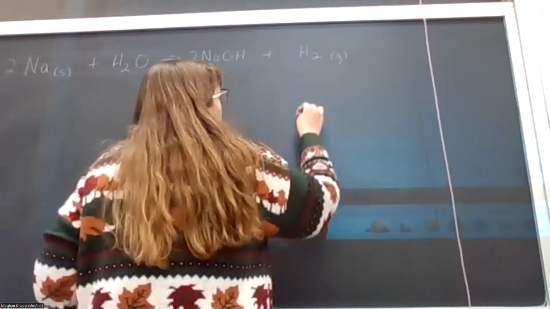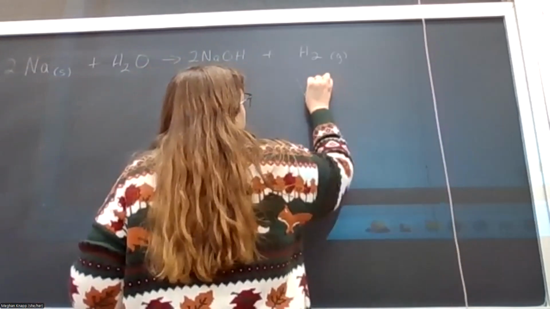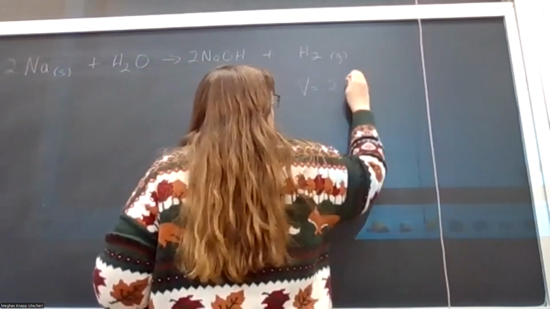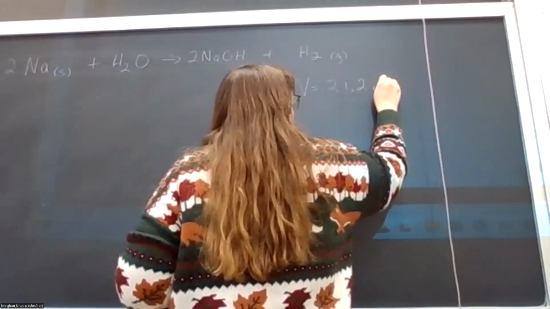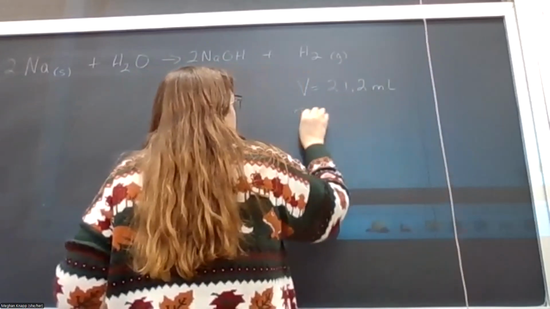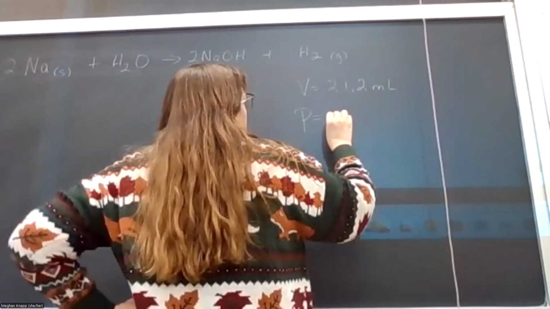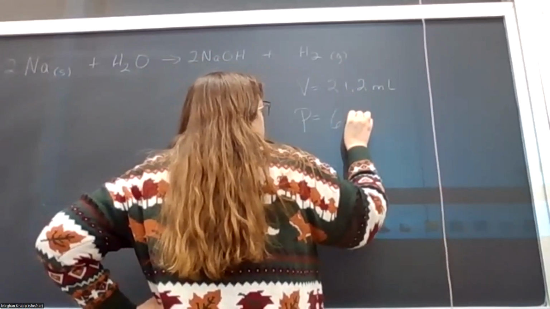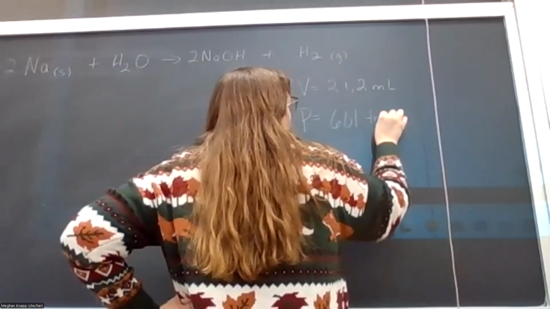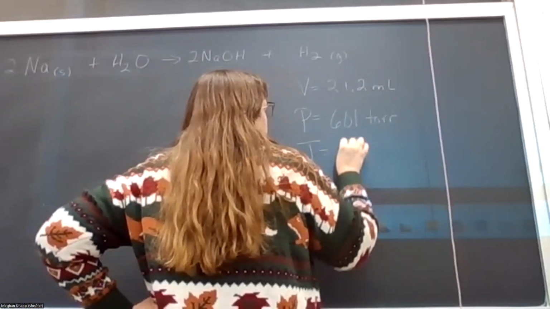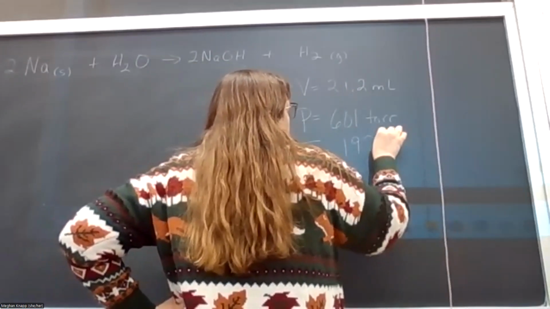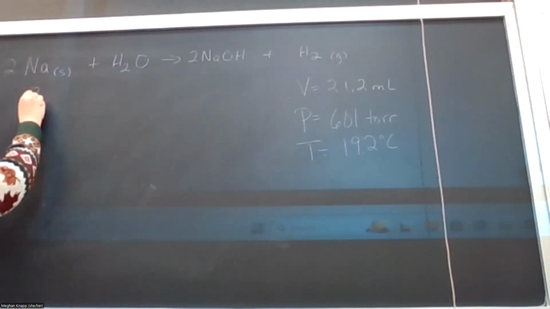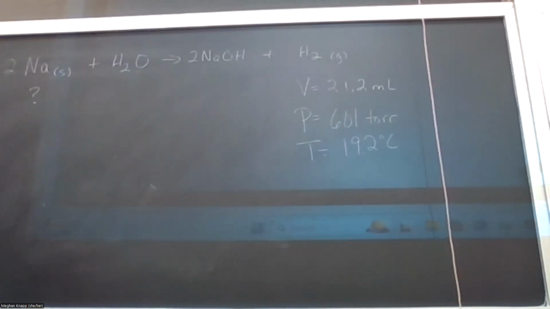So let's say we collect a volume of 21.2 milliliters at a pressure of, let's say, 601 torr and a temperature of 19.2 degrees Celsius. And we want to know what mass of sodium did we start with.